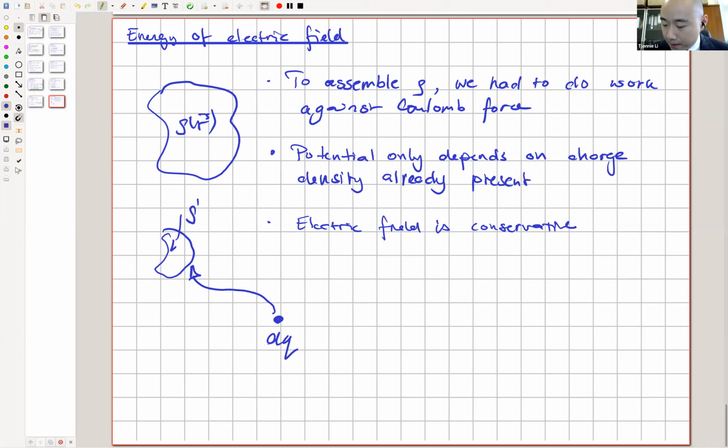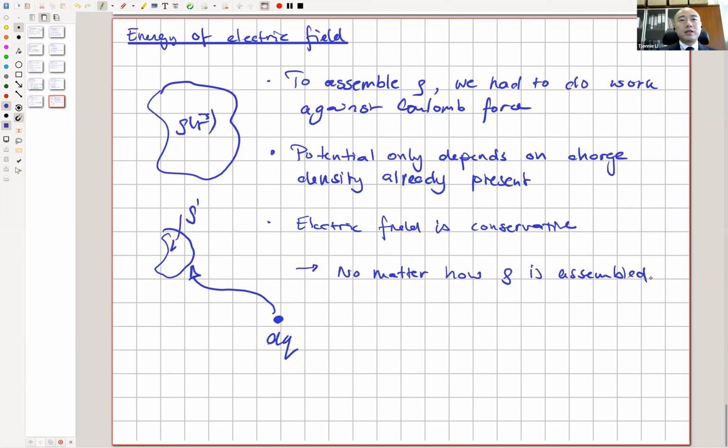So we arrive at the conclusion that no matter how rho is assembled, since phi only depends on the rho inside, and the field itself is conservative, it doesn't matter which path I take.